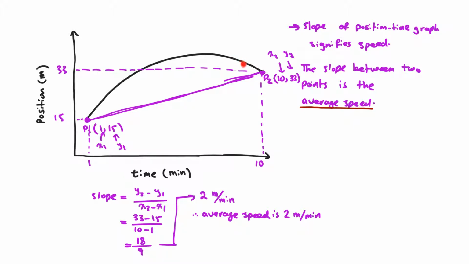The steepness is very high over here. Steepness starts to decrease a little bit, and steepness is 0 right around this point, and it starts to decrease again around this point. So the slope that we find over here is on average how fast I went, and if we want the instantaneous speed, what we have to draw is what's called a tangent.